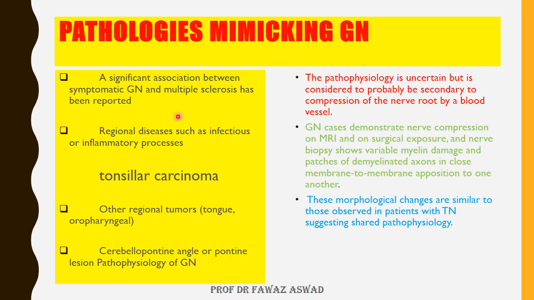That is to say, the patient may complain of the tongue or oropharynx. Another thing is a cerebellopontine angle tumor, which is considered one of the pathologies of glossopharyngeal neuralgia.